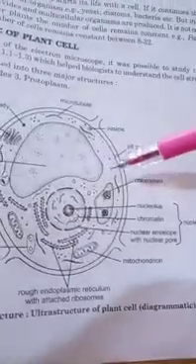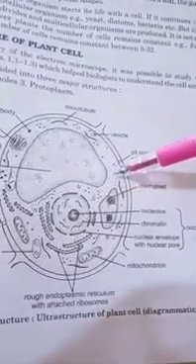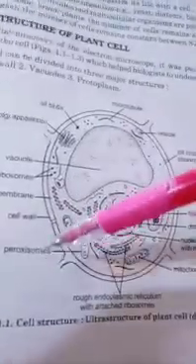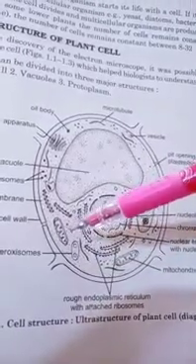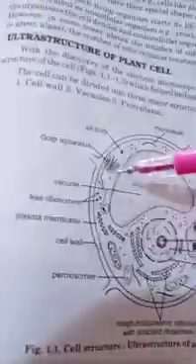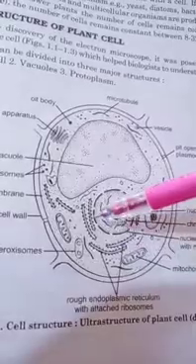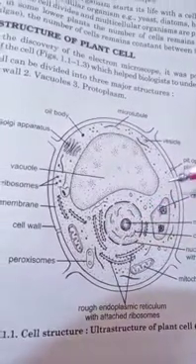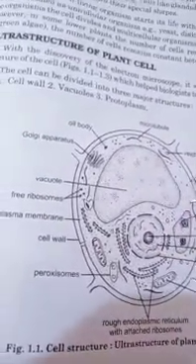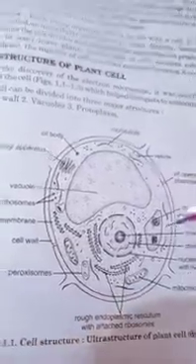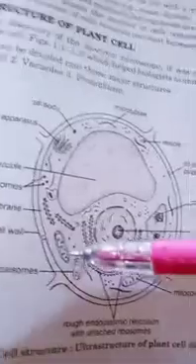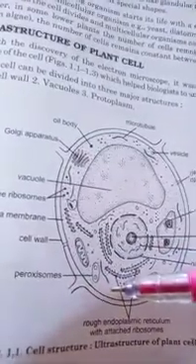Cytoplasm includes the matrix, granular substance, and different cell organelles like mitochondria and your Golgi apparatus, endoplasmic reticulum, ribosomes, vacuoles, etc. So, what is the difference between the plant and animal cell?